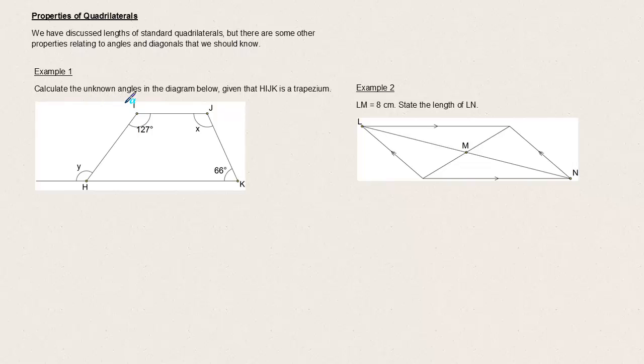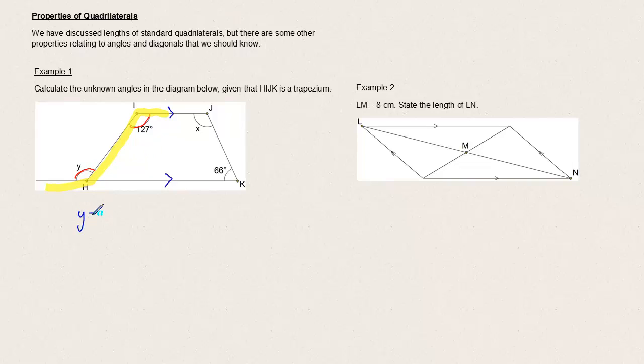Calculate the unknown angles in the diagram below, given that HIJK is a trapezium. Well, if HIJK is a trapezium, I know that these sides are parallel. Then I can spot a Z. That means I have alternate angles, and this angle here must be equal to this angle here.